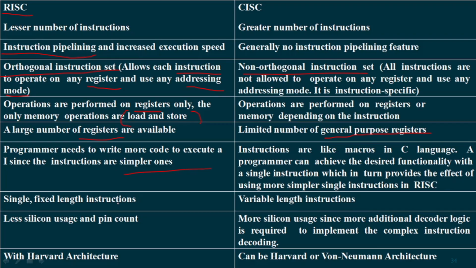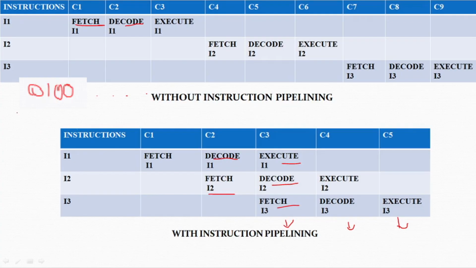While explaining instruction pipelining, I told you that these processors won't understand English or any other language. They only understand binary values. So the entire instruction, say add R1, R2, R3, means add R3 and R2 and store the result in R1.